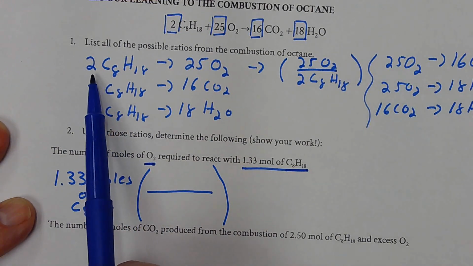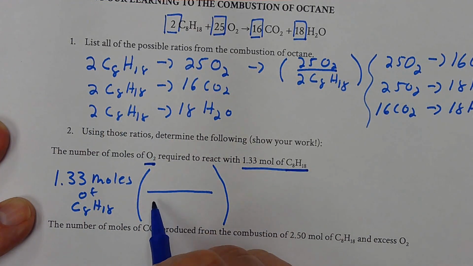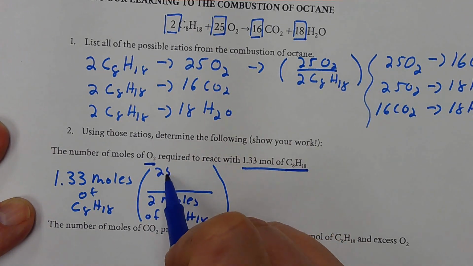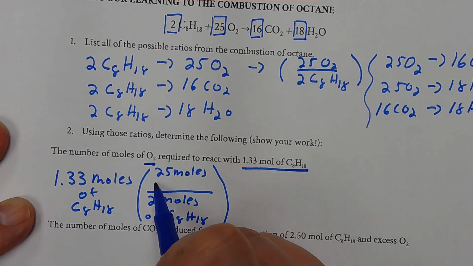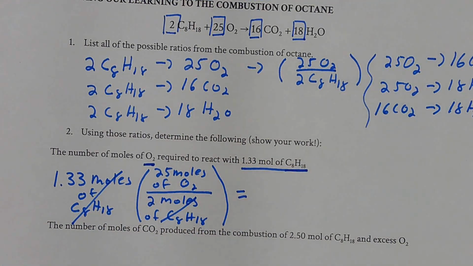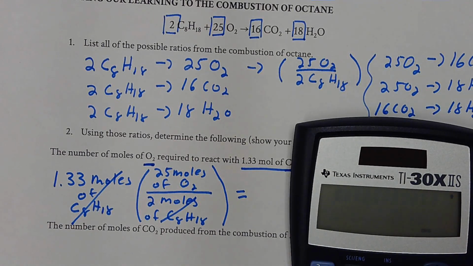So I'm relating C8H18 and O2. Right here I have the relationship: for every 2 moles of C8H18, I have 25 moles of O2. All right? So my units cancel. And then when I calculate this, remember, I multiply the top numbers and divide by the bottom number.